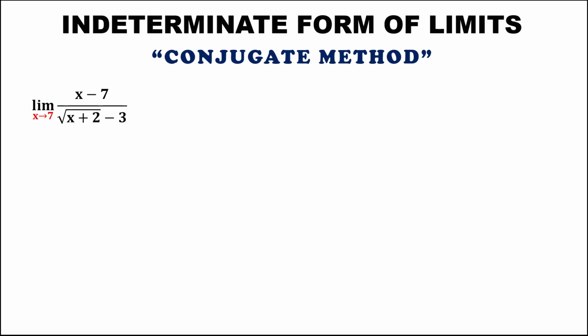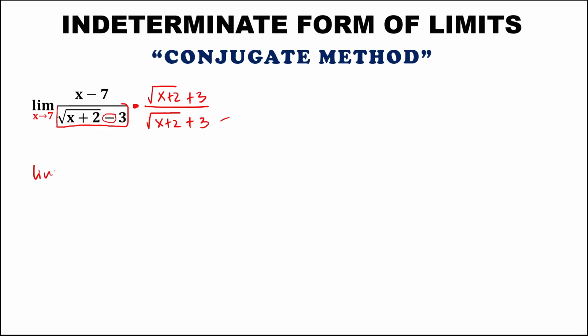Then for this given, again using the conjugate method, we need to multiply the part that contains a radical by its conjugate. So multiply this denominator by the conjugate. This is square root of x plus 2. And again, since this one is minus, the conjugate is plus 3. Then also the numerator, the same value: square root of x plus 2, then plus 3.